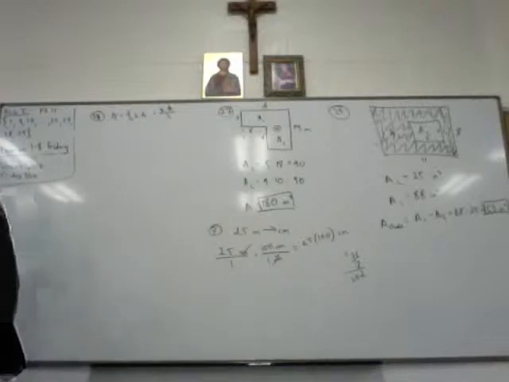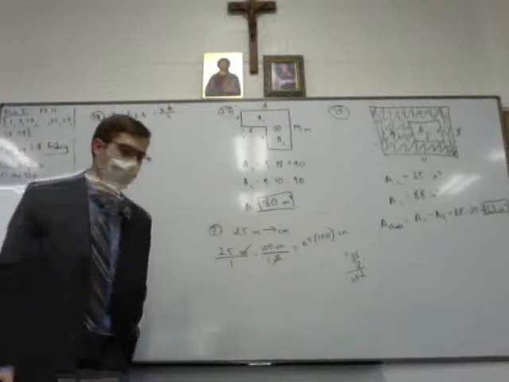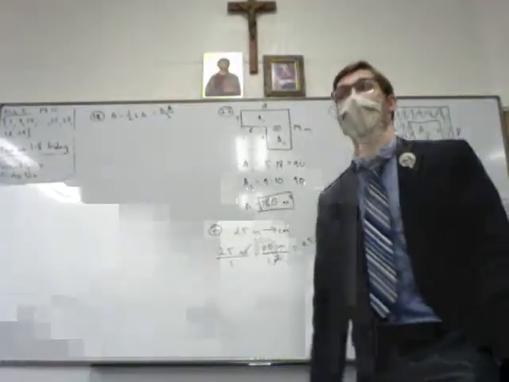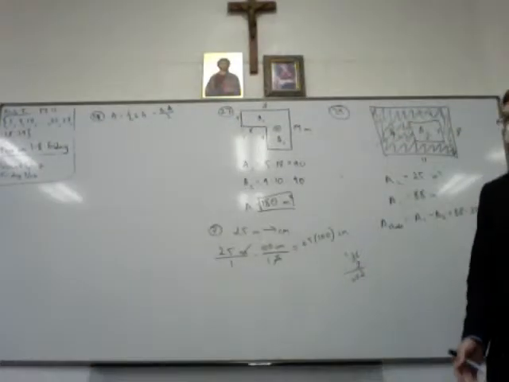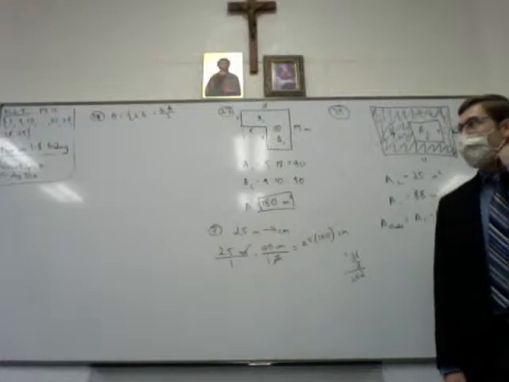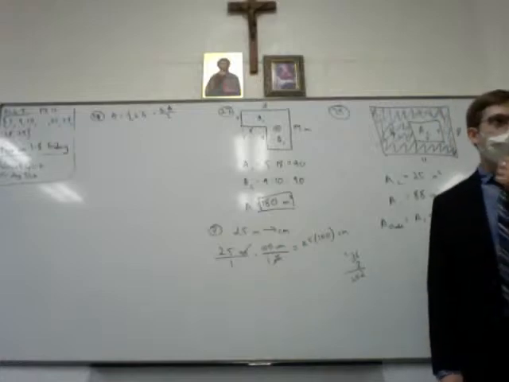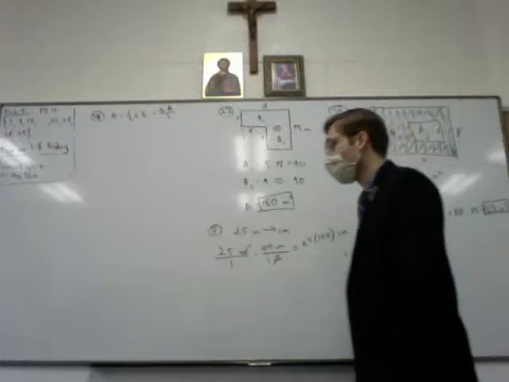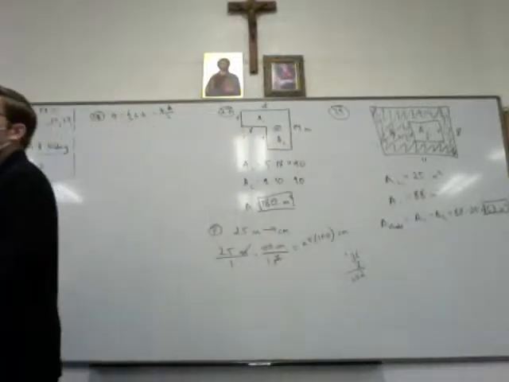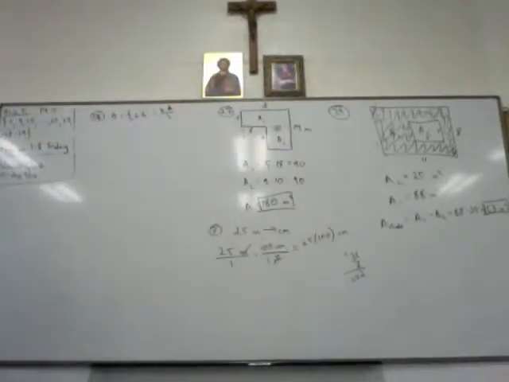But for a problem like that, do you actually have to write out your work? No. Do I recommend it? Yes. Because then I can give you partial credit. If you make a mistake, we can figure out where it was. But no, if you just wrote 35 square meters there, that'd be fine.